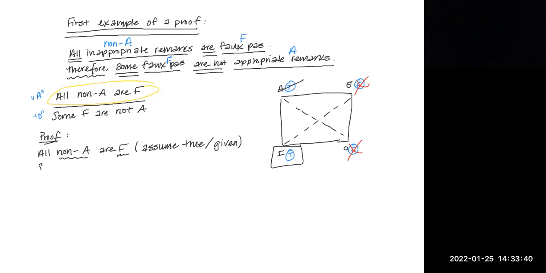So an I statement is some are, and we're going to leave non-A alone and F alone. How did I get from this A statement to this I statement? The relationship that governs A and I on the square is subalternation, so that will be my reason.